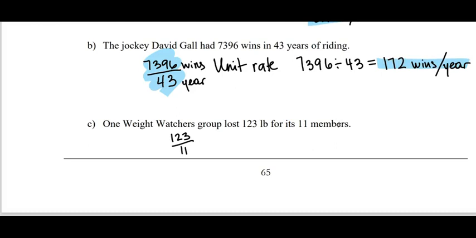Okay. So back to our Weight Watchers, 123 pounds, 11 members. Let's go ahead and use people for that. So now we're going to do the unit rate.